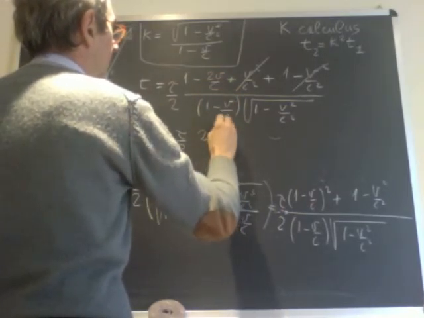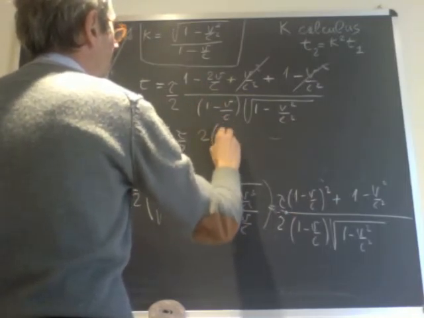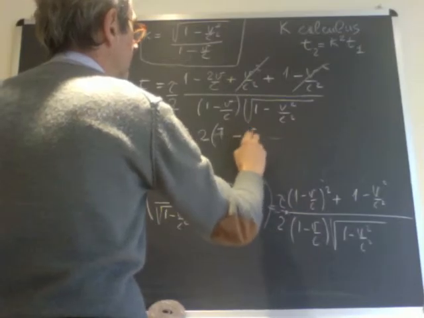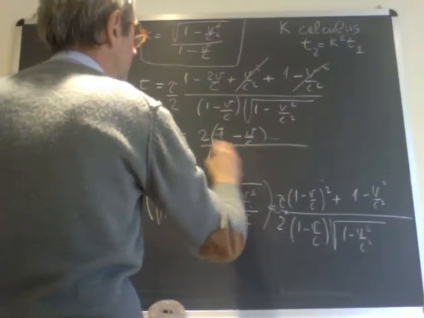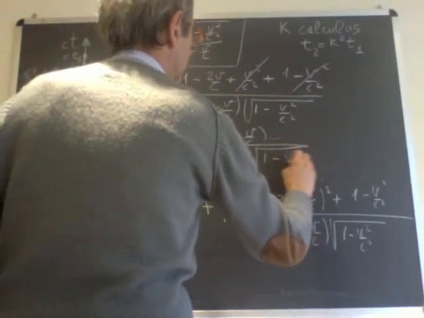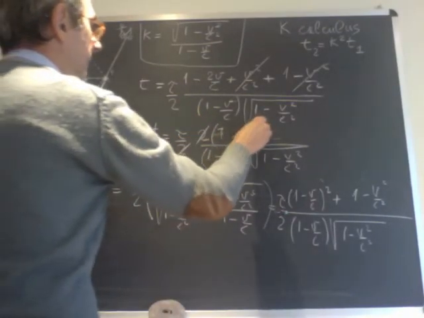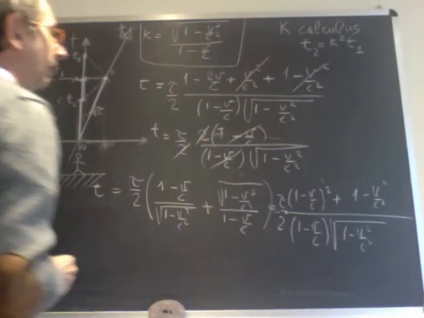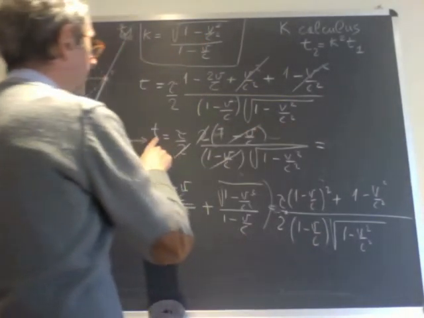I can factorize 2, that is 2 times 1 minus v over c, all divided by 1 minus v over c times the square root of 1 minus v squared over c squared. The 2 and 2 go away, these go away.